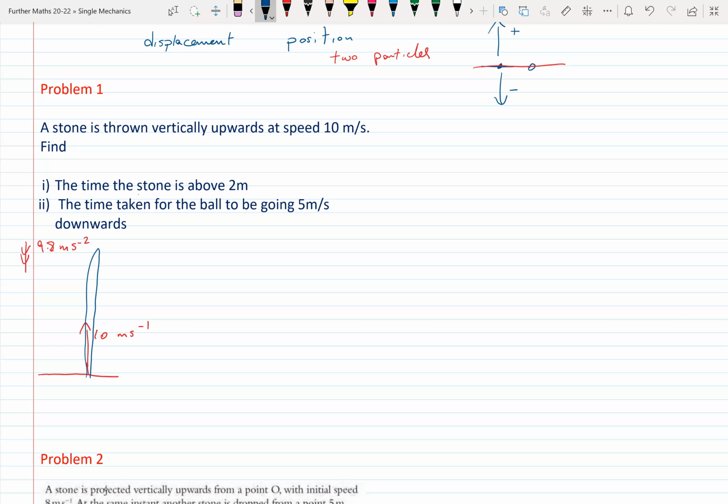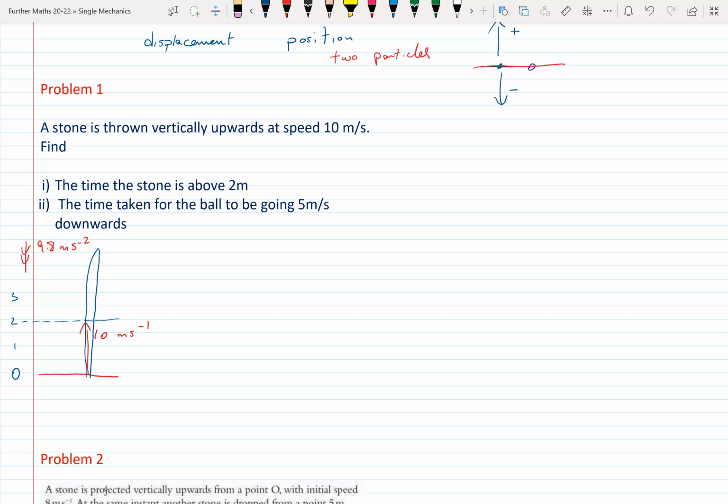It asks for the time the stone is above 2 meters. So what we need to do, again, is take this as our 0 displacement or position. As I say, there's absolutely no distinction here between the two ideas. And it's going up 1.2. We want the time, and in this case there'll be two of them, where the displacement is 2.